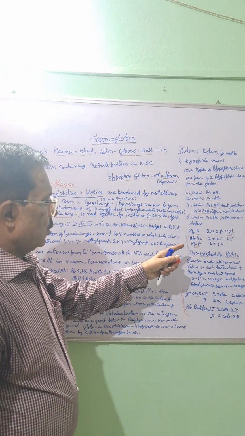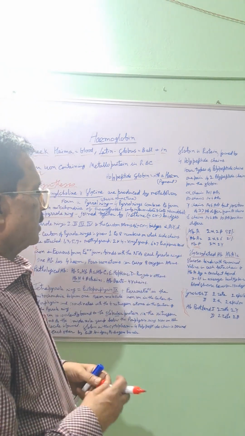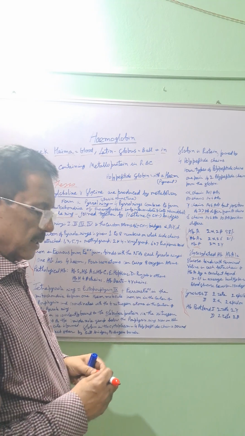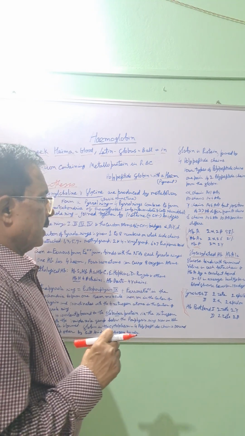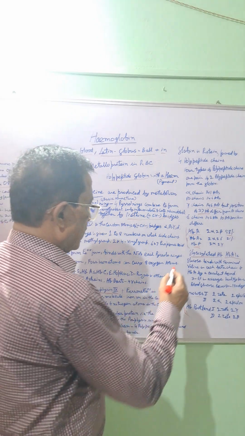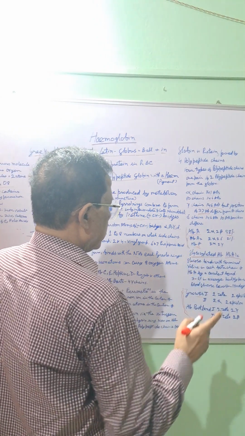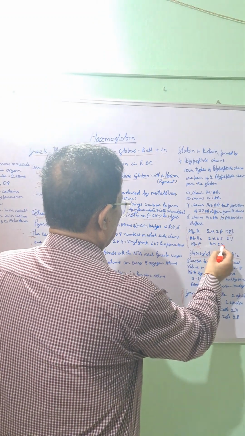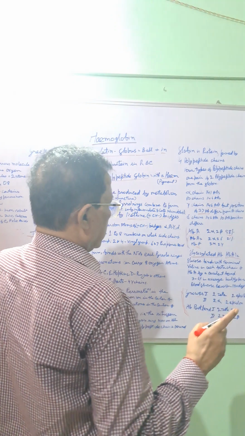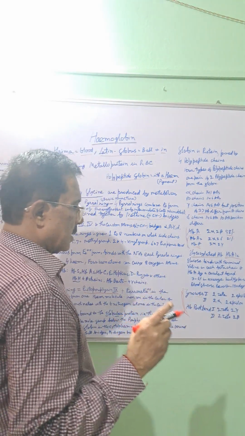Then HbA2, with 2 alpha and 2 delta chains, is also present in normal adults, but in a very small amount, 2%. Hemoglobin F is present in the fetus and early childhood, with 2 alpha and 2 gamma chains.